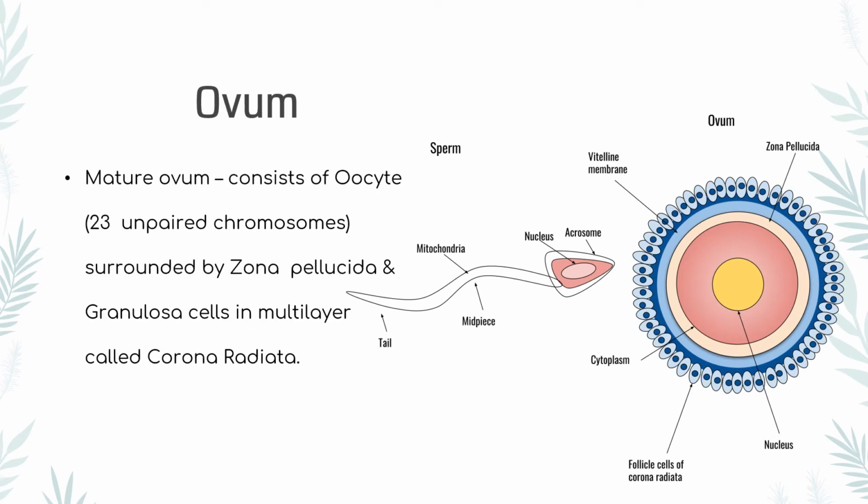Structure of the ovum. The released mature ovum consists of the oocyte, which contains 23 unpaired chromosomes, surrounded by the inner membranous layer called zona pellucida, consisting of glycoproteins on its outer side, surrounded by corona radiata, which consists of granulosa cells arranged in multiple layers.